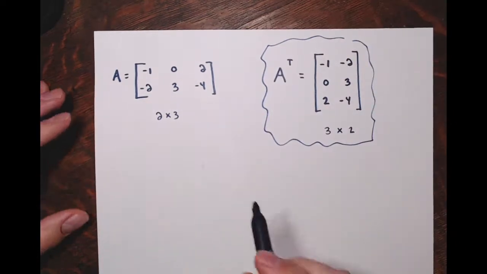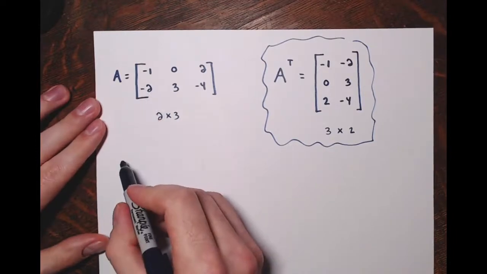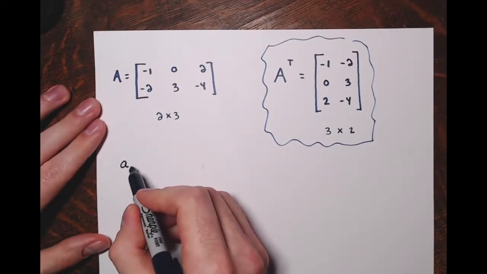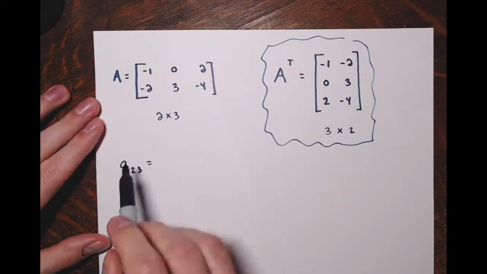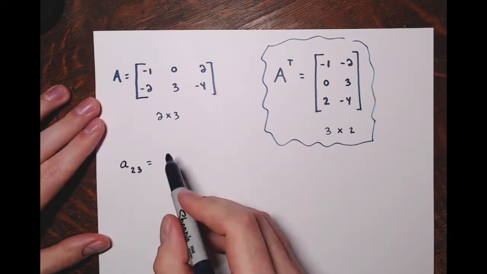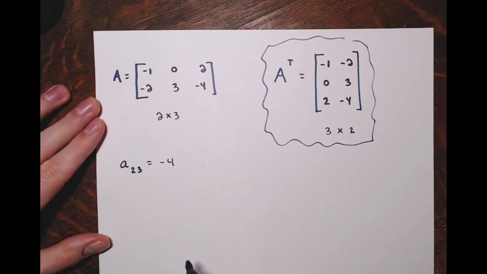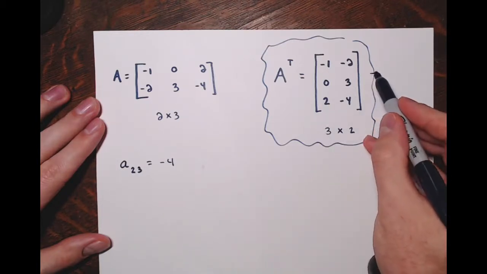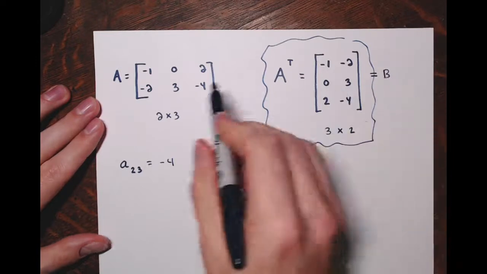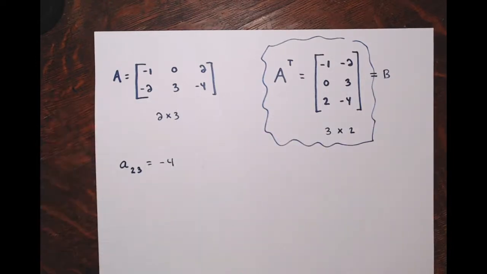Now the same thing goes for the entries. Over here, what's the second row, third column entry? A23 is negative 4. Over here, let me call this matrix B, because it is a different matrix. If you remember, matrices are only the same when they have the same size and the same entries in corresponding positions.